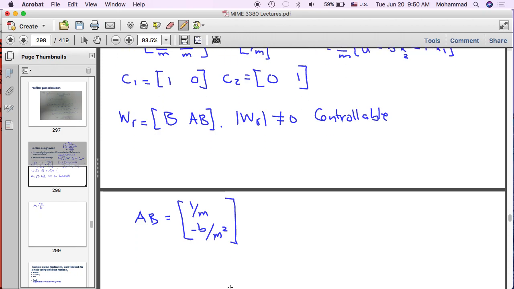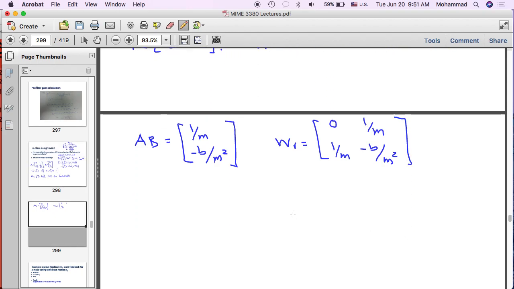Now we can go ahead and assemble the reachability matrix. So that's B, 0, 1 over m. And then the next one is AB, so 1 over m here, minus b over m squared here. So that's the matrix.